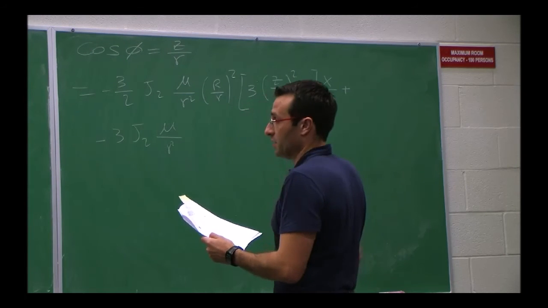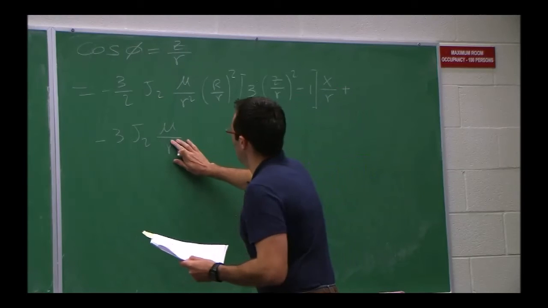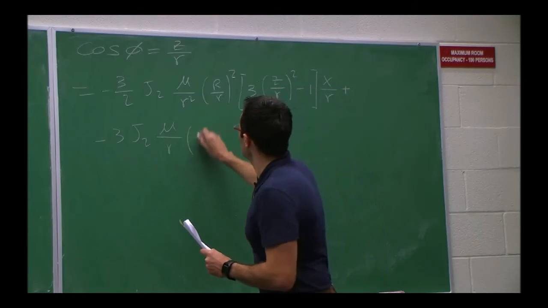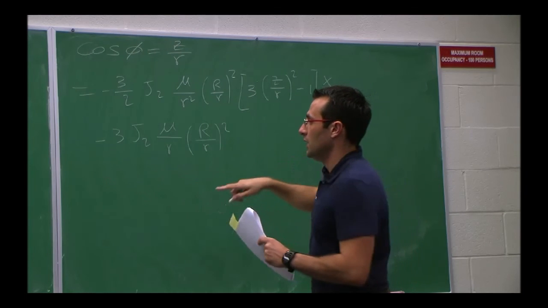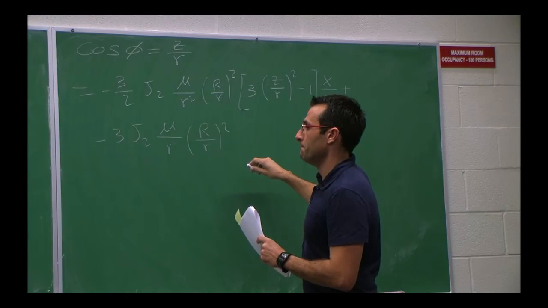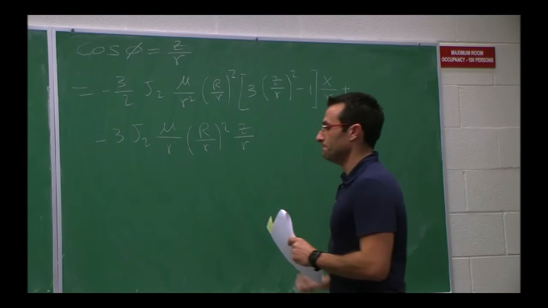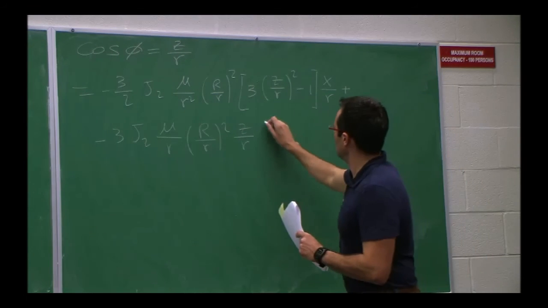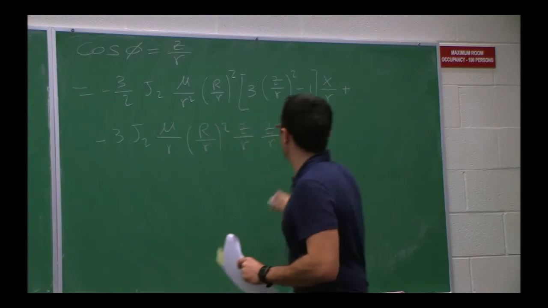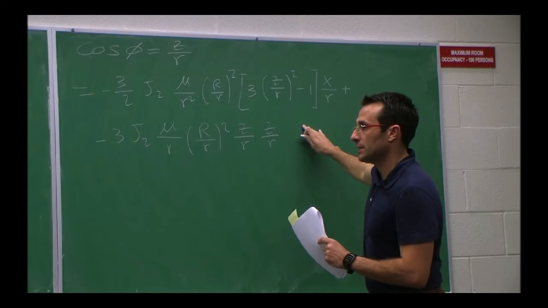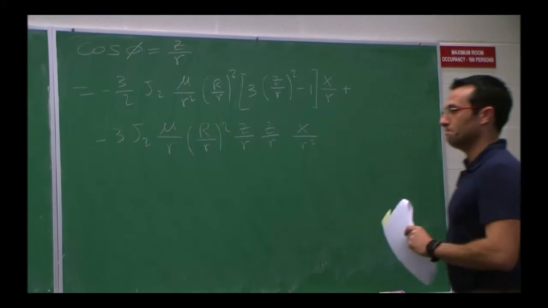Well, I simplified everything already. Let me not skip too many steps. Okay, mu over r, big R over little r squared, and those are the first ones. And then I have a cosine of phi that becomes a z over r, right? And then I have another z over r that I'm extracting from this thing here. And what I'm left with is what? Is an x over r squared, right?